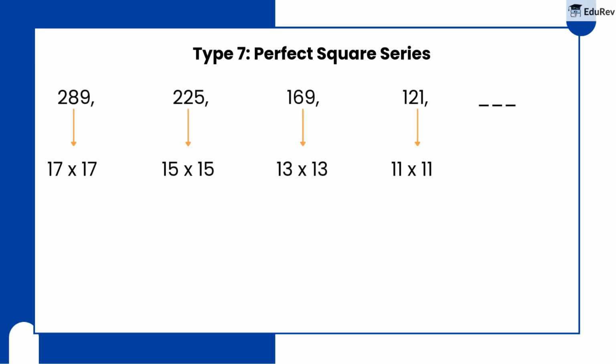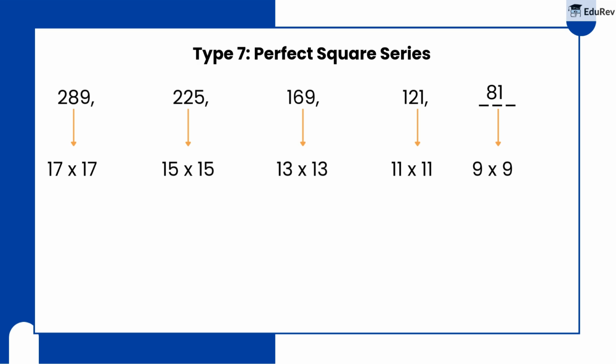The pattern is now crystal clear. The series consists of the squares of descending odd numbers: 17, 15, 13, 11. The next number would be 9. So the missing term must be 9 squared, which is 81. The blank should be 81, which is option C.